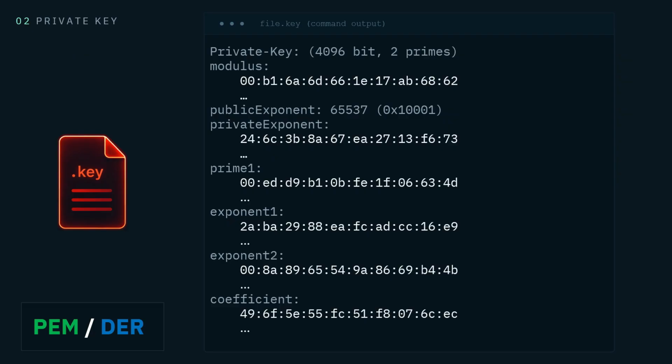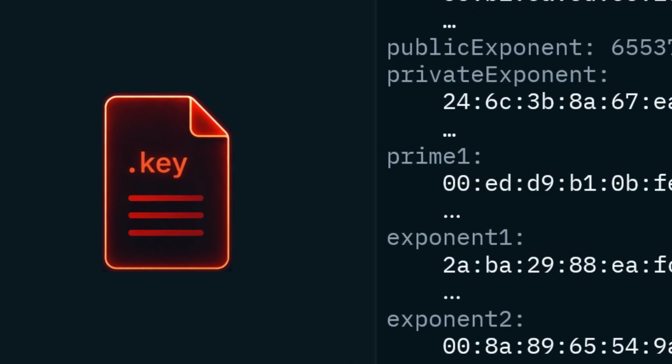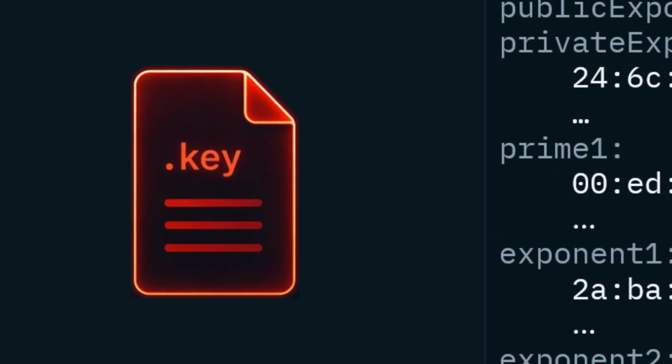You don't need to memorize what each one does, but seeing them helps you understand that this is not just some random blob of data. There is real math in there, and that math is what makes your encryption strong. So remember, treat the .key file like a password. Actually, treat it like something more important than a password.